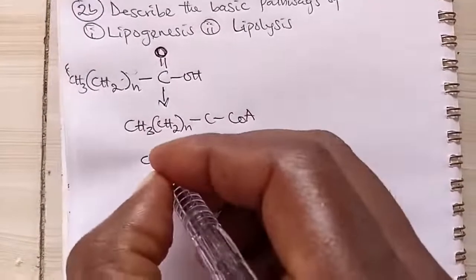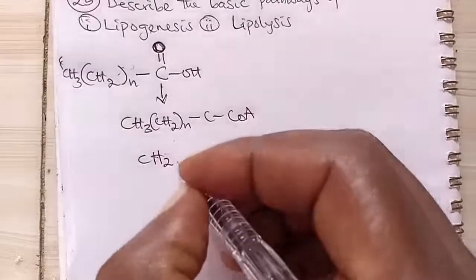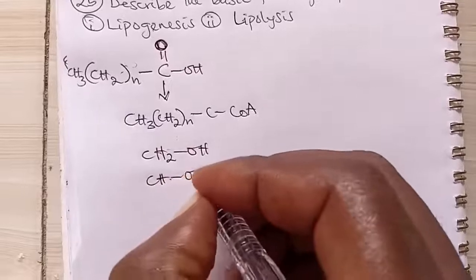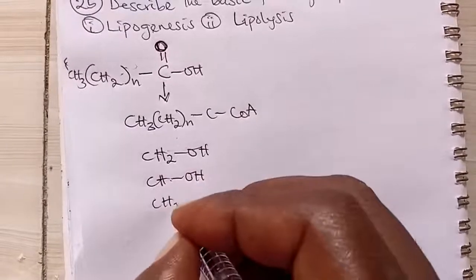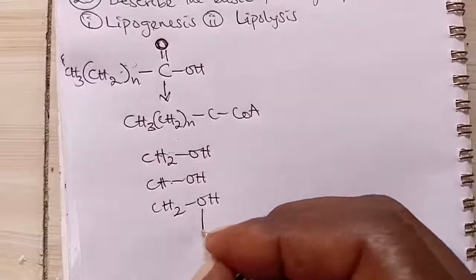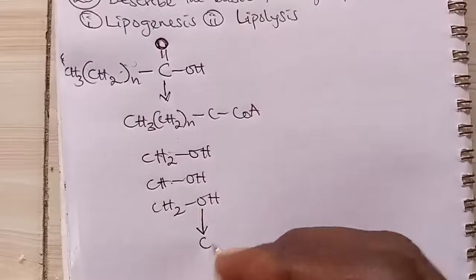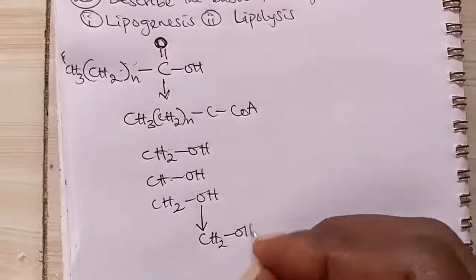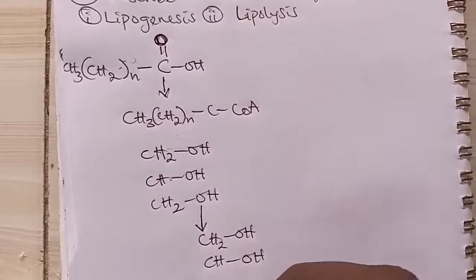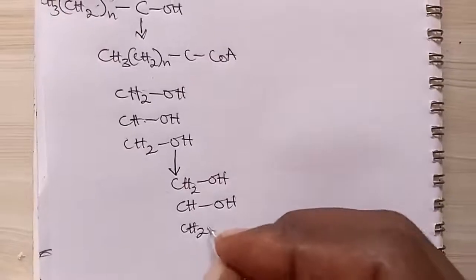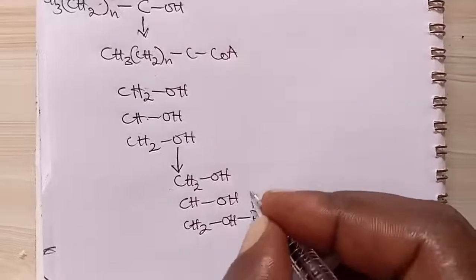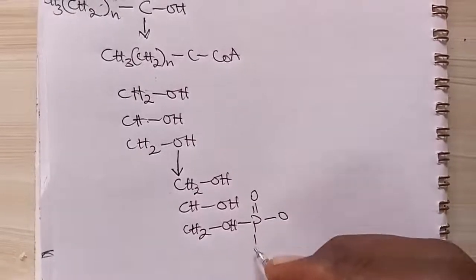Then we have CH2OH, CHOH, CH2OH. Then from this we have CH2OH, CHOH, CH2OH. That now goes to phosphate.